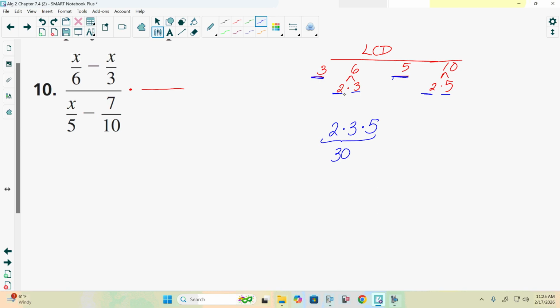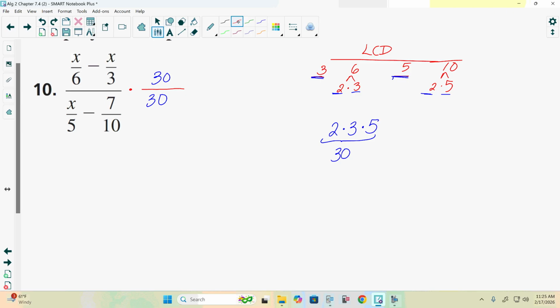But how many times does the 2 show up in each of the expressions? Once, so we only need it once. It does show up twice, but since it only shows up once in each of the terms, we only need it once. So that means we can multiply the top and bottom of this expression by 30 over 30.